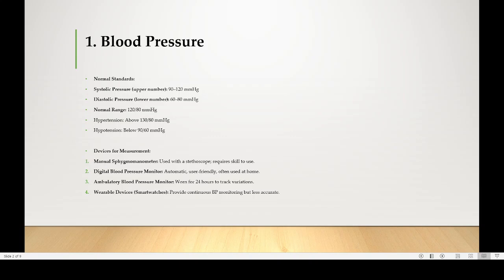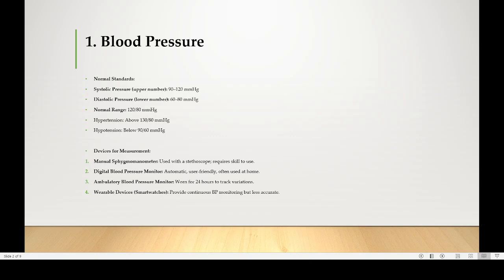Now in this aspect we have two important variations. In most people the pressure will be between 120 and 80. But as the age of the person increases, or because of other factors like obesity, heart problems, etc., the pressure can increase.